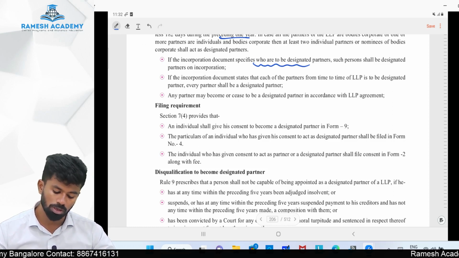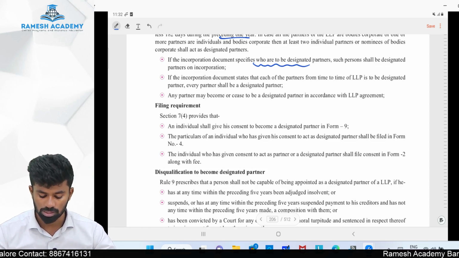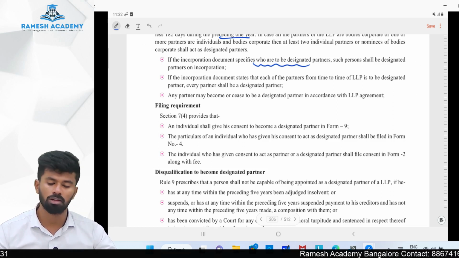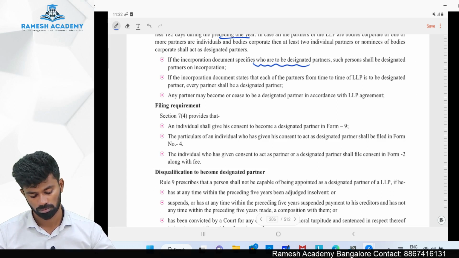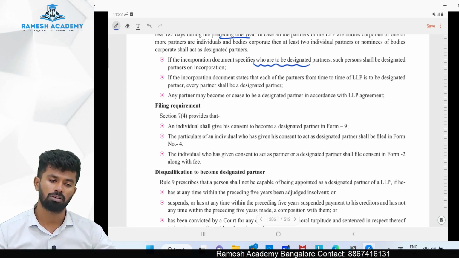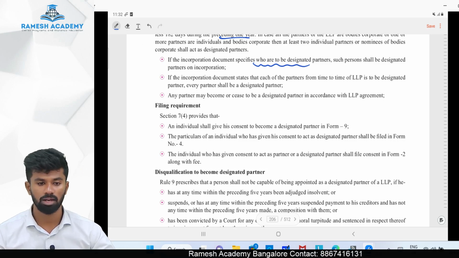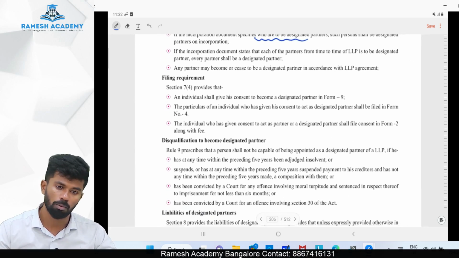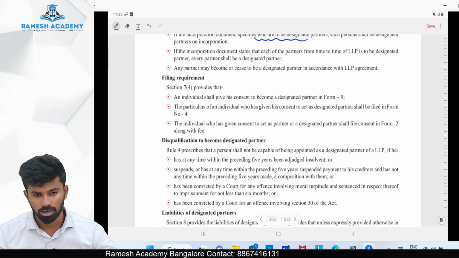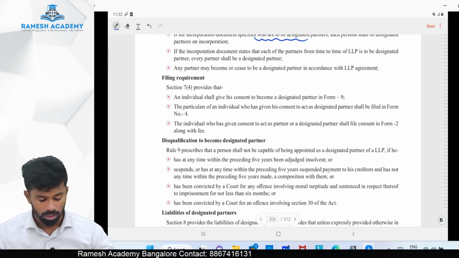The individual who has given consent to act as partner or DP shall file consent in form 2 along with what? Fees. So the consent to act as partner of the LLP shall be in form number what? Form number 2. Consent to become designated partner should be in form number 9.